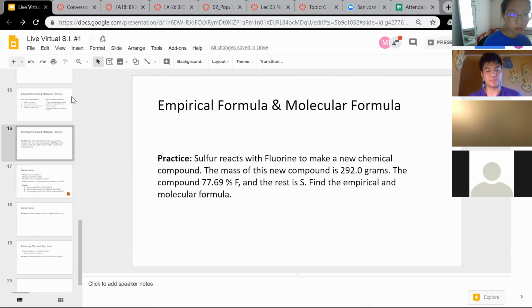So around 0.8 to 1.2. If your number falls between that range, then it should be okay to round, but that's after you did the division by the least whole mole number. If that makes sense to everyone.